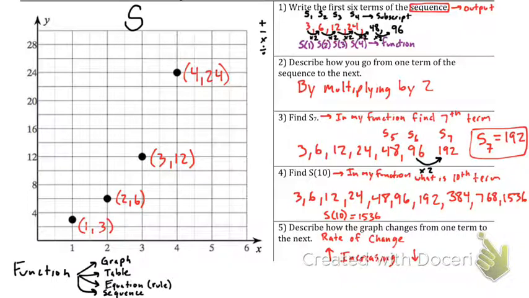If it's going down, we call that decreasing. So in this case, my rate of change from left to right, always from left to right, is my dots are going up, which means my rate of change, so this is how I would describe it, rate of change is increasing.